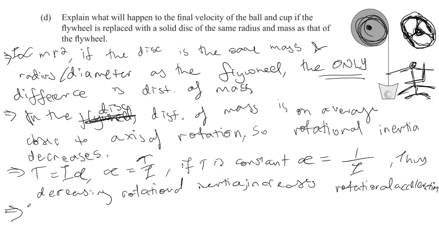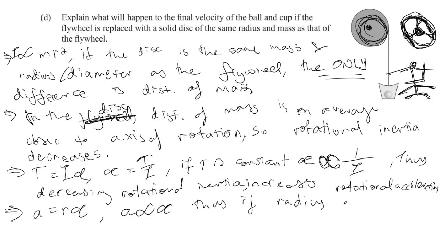Also, I wrote that tau is constant before this little proportional sign. But actually, I'm pretty sure it's better to write it like this. So you have, thus, if the radius is kept the same, it's constant, decreasing rotational inertia, increasing rotational acceleration.